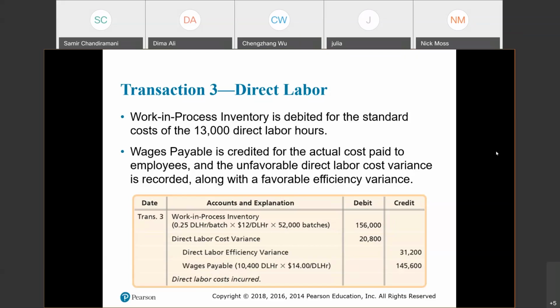Well, wages payable is credited for the actual cost, because this is the amount the company must pay the workers. The direct labor cost variance is unfavorable $20,800. The direct labor efficiency variance is credited for a favorable $31,200.